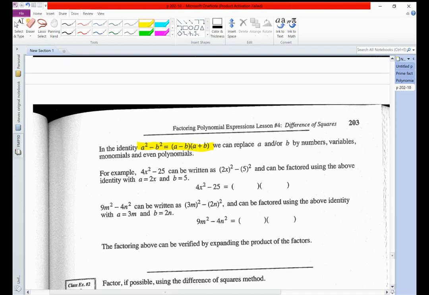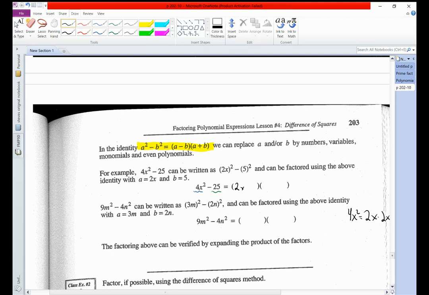So the example here they have is 4x squared minus 25. Let's underline here, I think it'll be good to color code. So the first term, 4x squared, is that a perfect square? Well, 4 is a perfect square, and x squared is a perfect square. And we can get that by multiplying 2x by 2x.